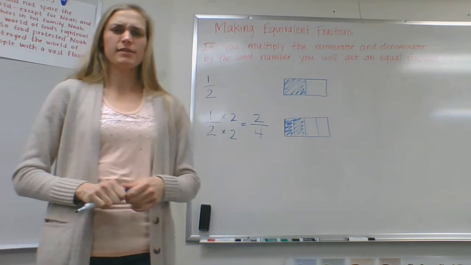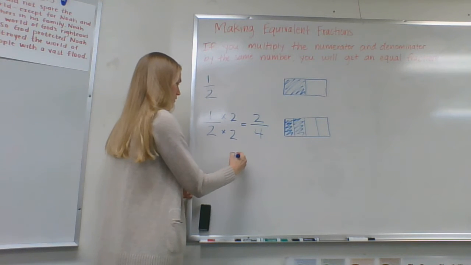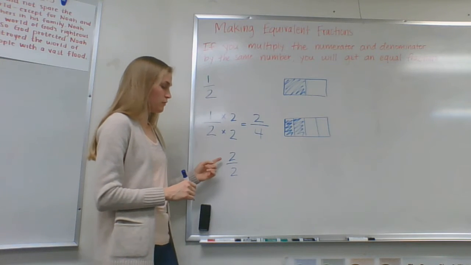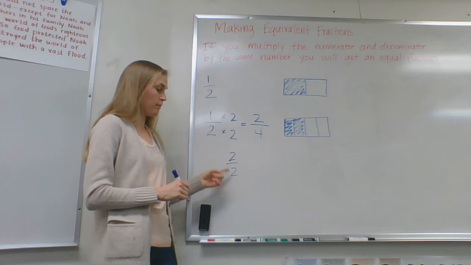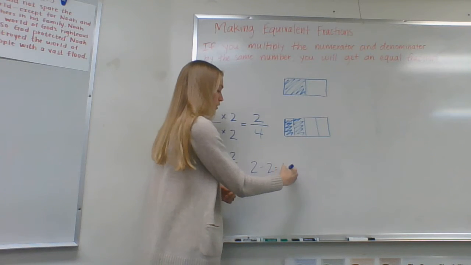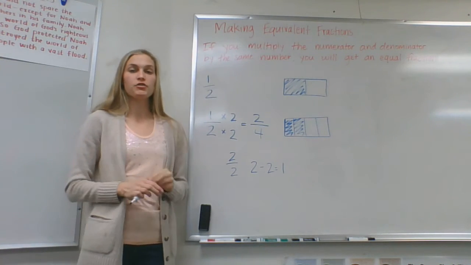And so why does that work? Well, if you think about 2/2 as a fraction itself, we learned yesterday that fractions are division. So this is division. 2 divided by 2 equals 1. And anytime you multiply something by 1, you just get the same thing.